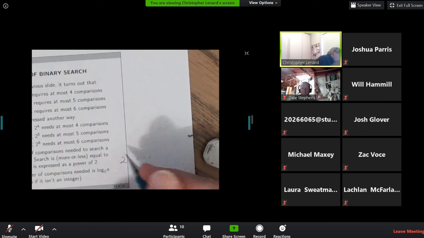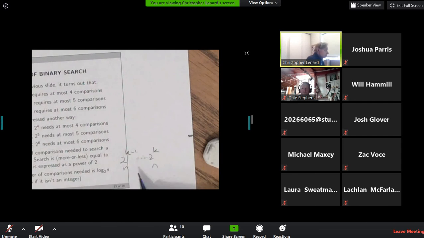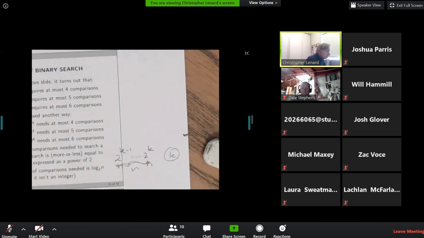2 to the k, that's one. So if your n is between 2 powers of k, the number of steps or number of comparisons is k, which is basically log base 2 of your n.